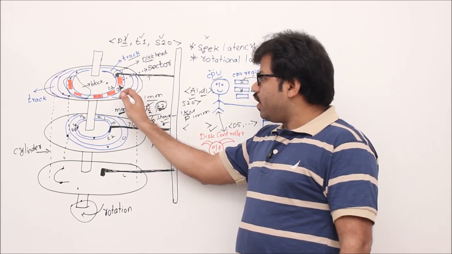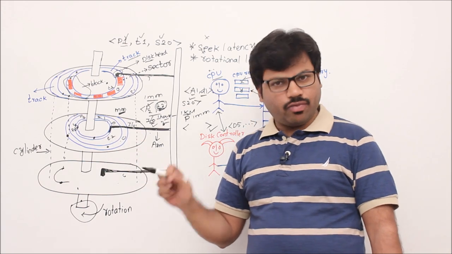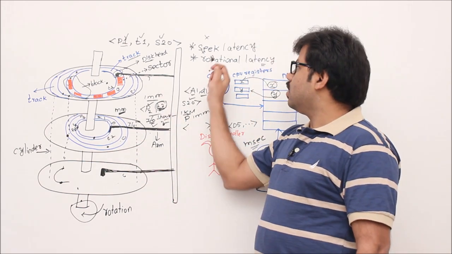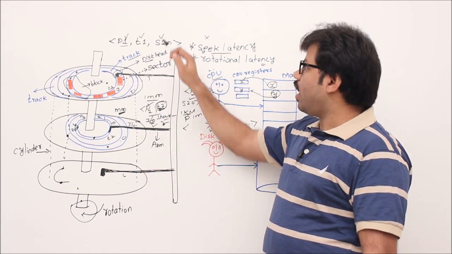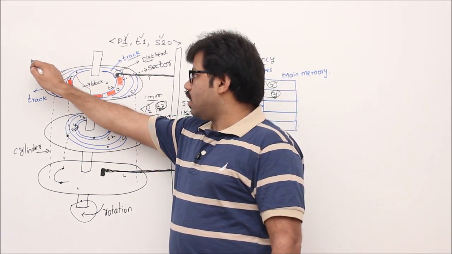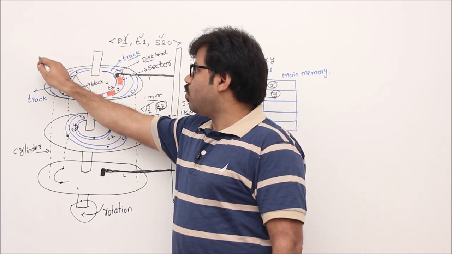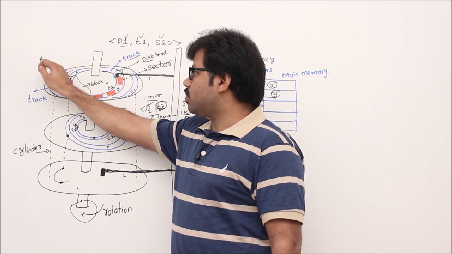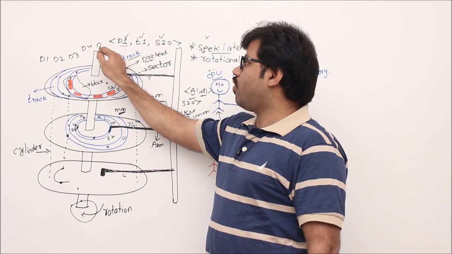For example, if you store your data consecutively in one track, then you can save a lot of time. Why? The reason is seek latency is only one time, correct? Imagine you have 5 write requests. You want to write your data 5 times: data number 1, data number 2, data number 3, data number 4, data number 5.